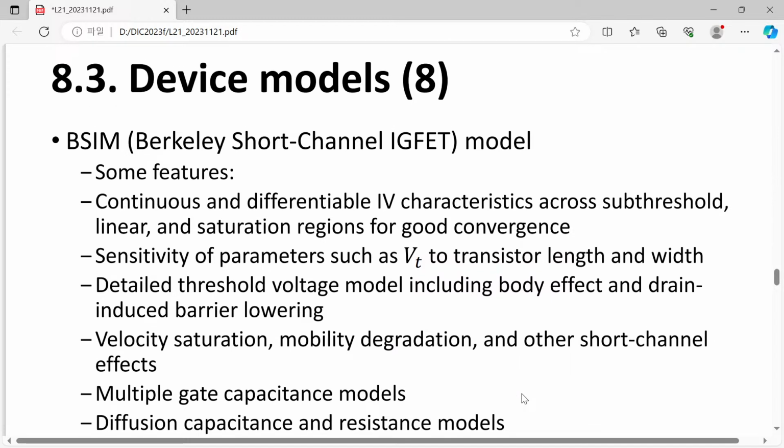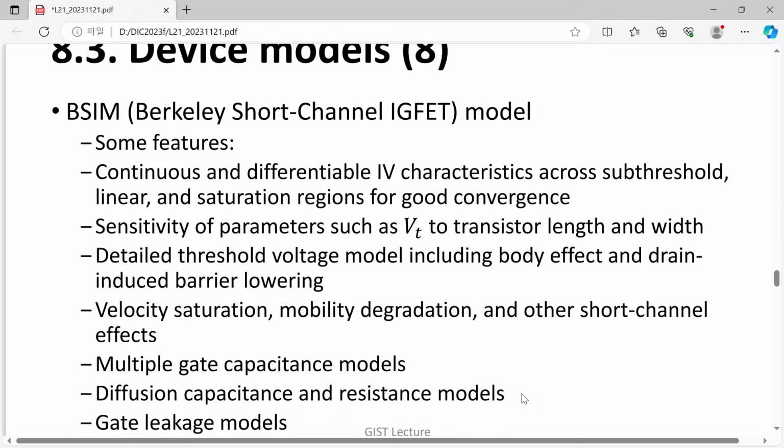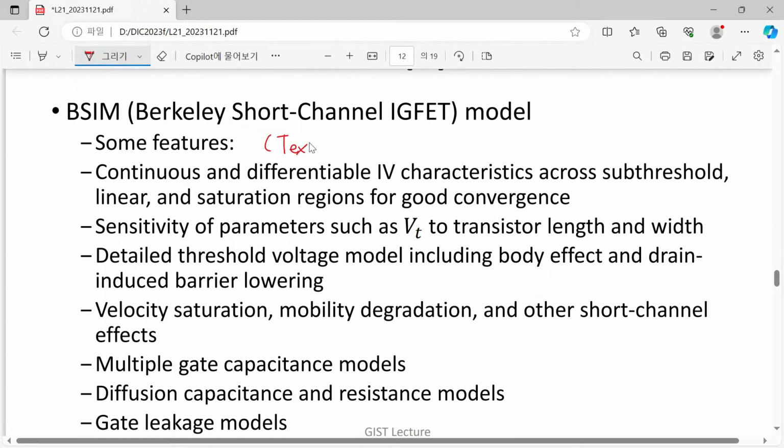Okay, then let's go to some features beyond our previous models like Level 1 or Level 3. Of course, this is taken from our textbook. Our textbook is a little bit outdated, so we have many more features not summarized here.